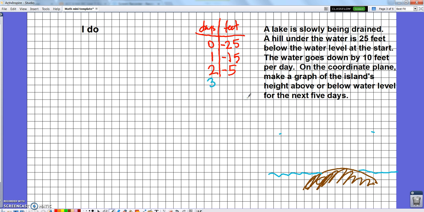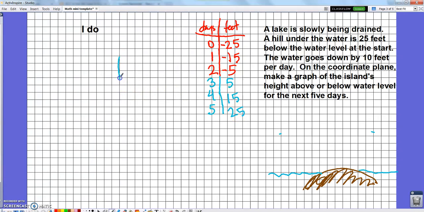So after day 3, the hill will be 5 feet above water. After day 4, the water will go down even further, and it'll be 15 feet above. And after day 5, it'll be 25 feet above. So in these days, my hill is going to go from being 25 feet below sea level up to 25 feet above sea level.